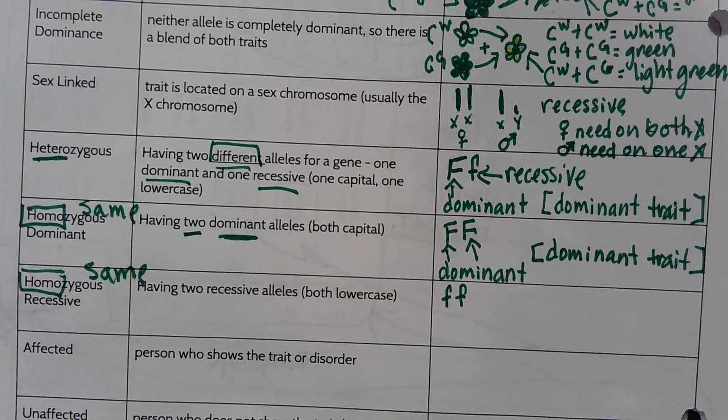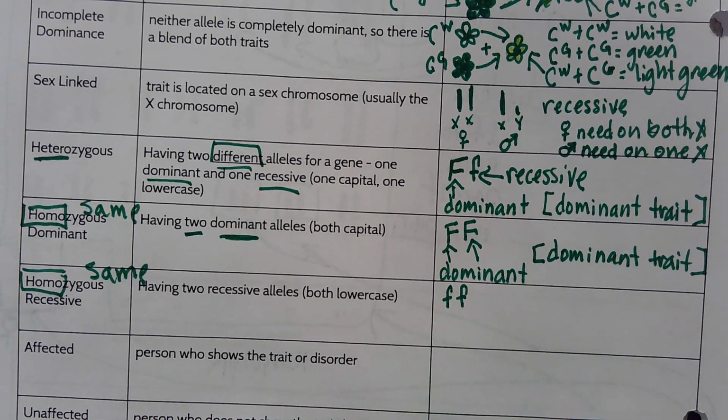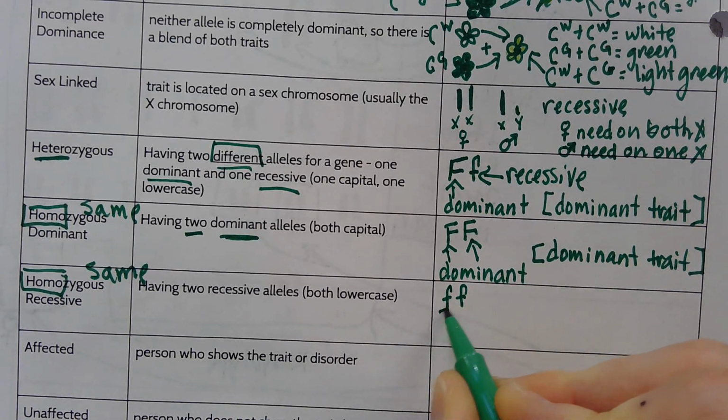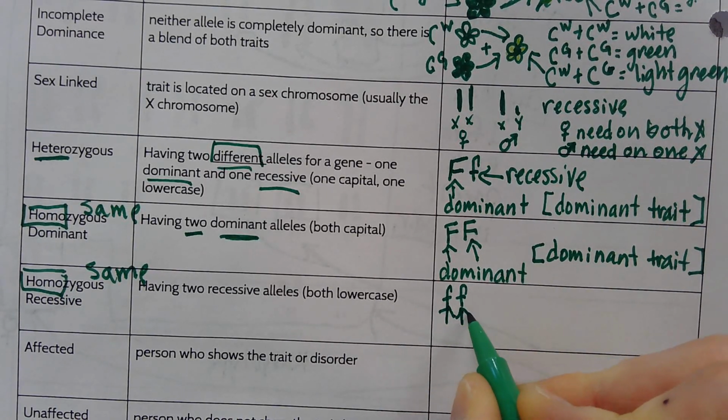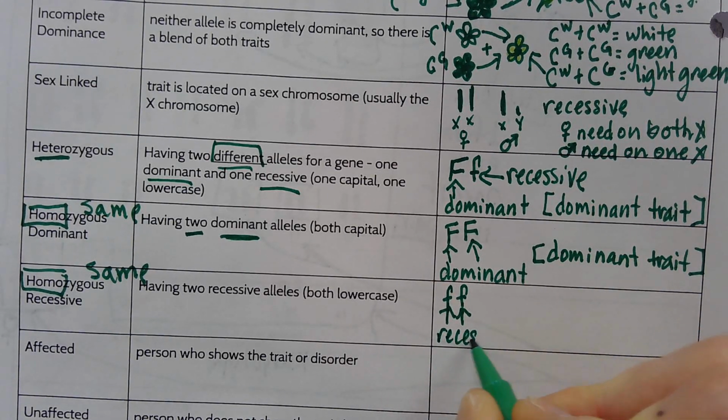Now again, we chose the letter F. At first we were going to use the letter C, and it's like, well, you can't really see the difference, no pun intended, between a capital C and a lowercase c. So we used f. And I'll tell you why we were deciding between C or F. So both of these are recessive.